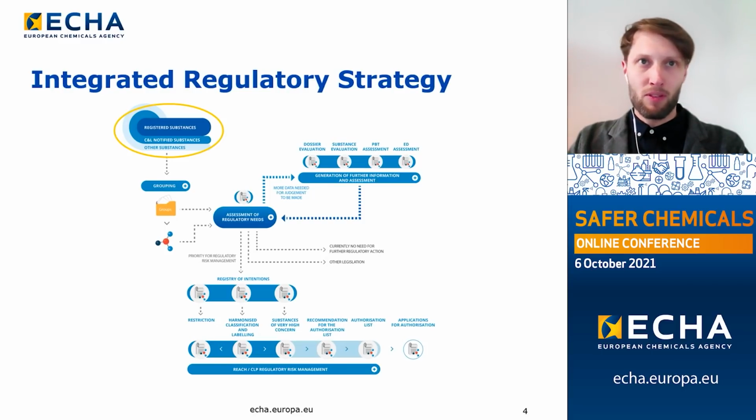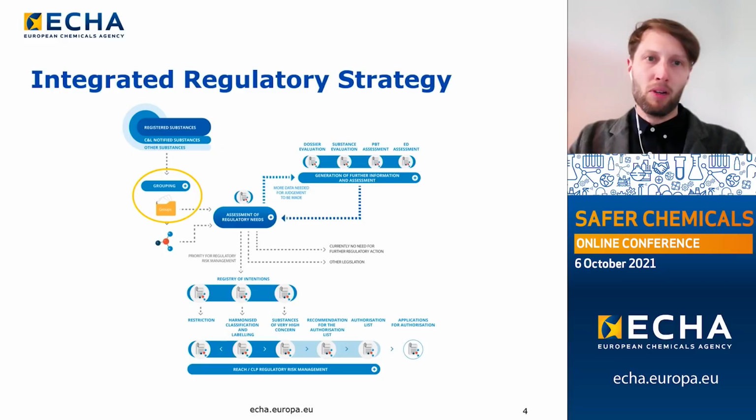Starting from the registered substances, from the CNL notified substances and other substances, we are building groups. We are building these groups based largely on structural similarity, and these groups form the basis for what we call the assessment of regulatory needs.